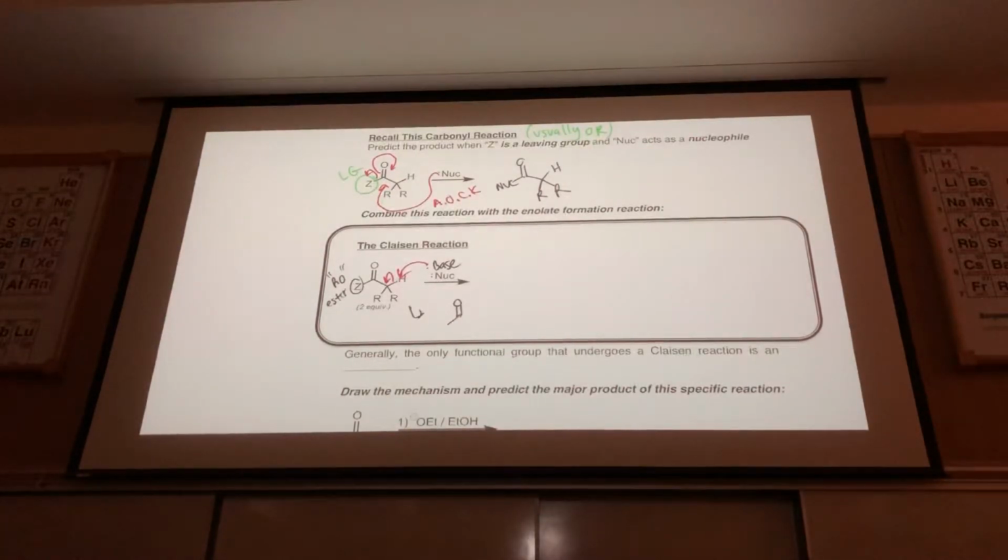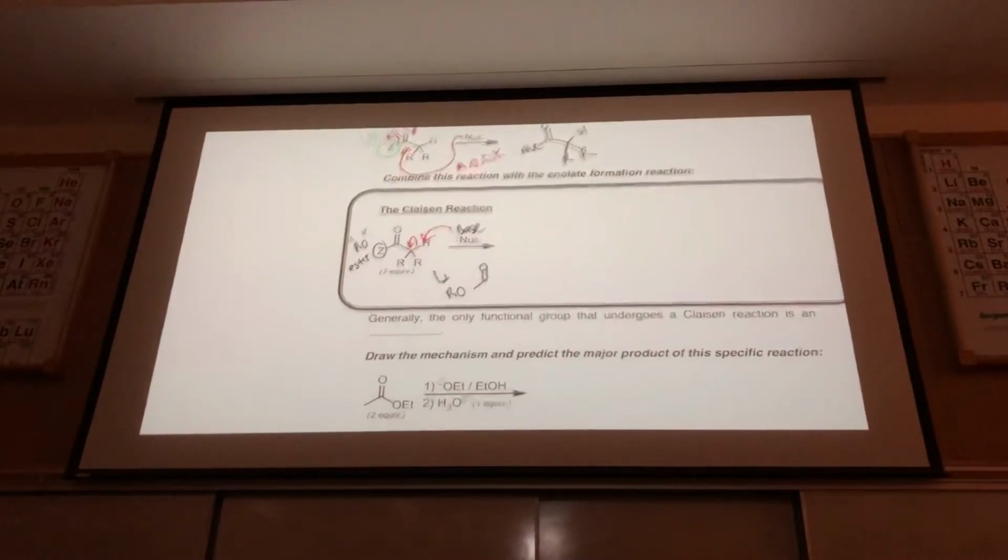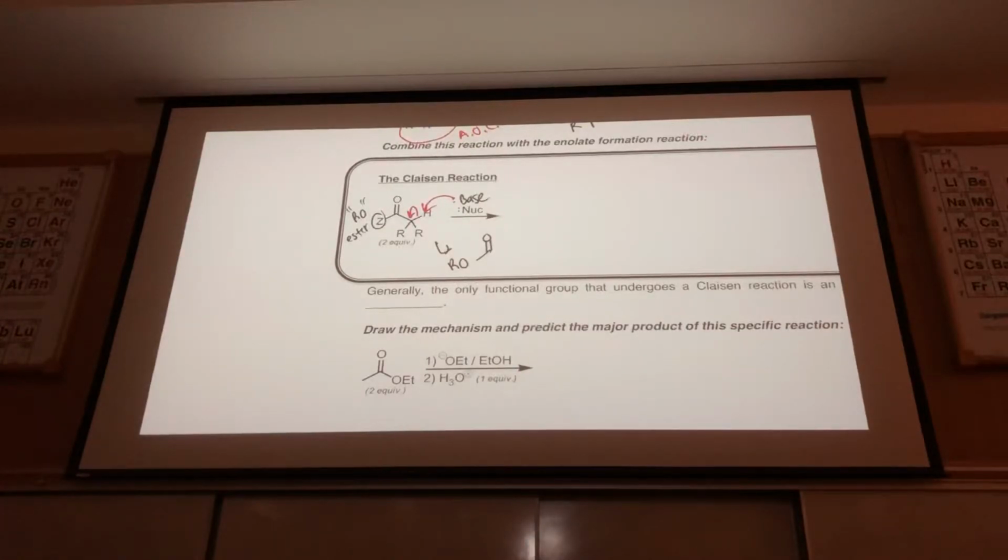I'm going to define Z as OR just because that's the Claisen. The Claisen way is to have like OEt or OMe, but in theory, it could work with other acyl derivatives from that massive chapter, the carboxylic acid derivatives.